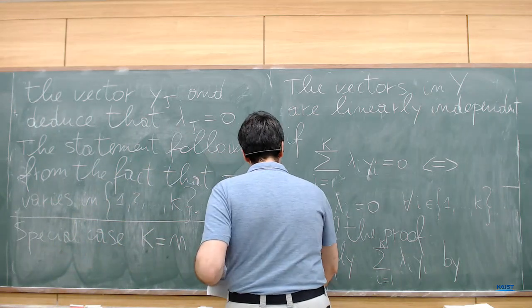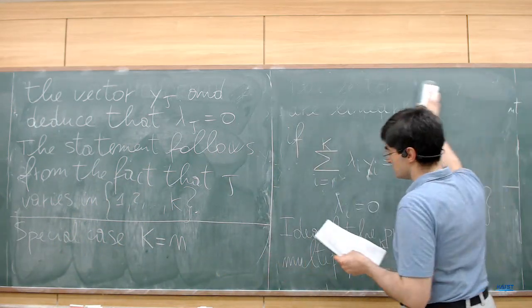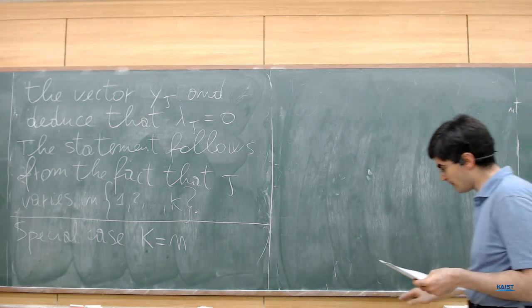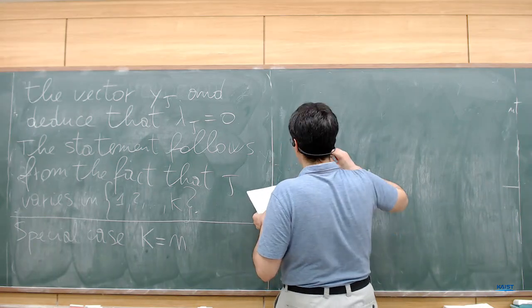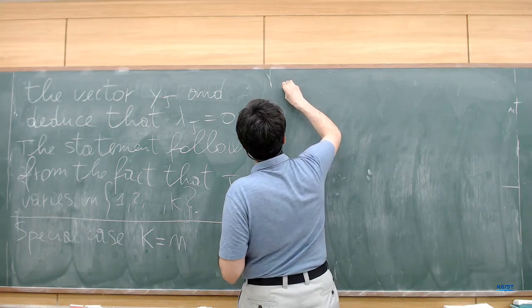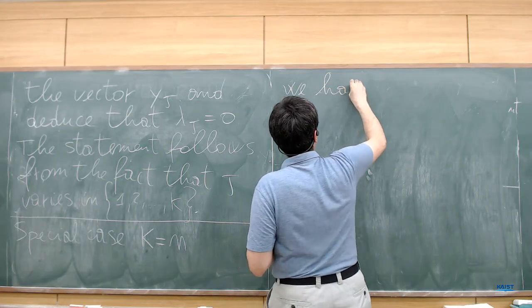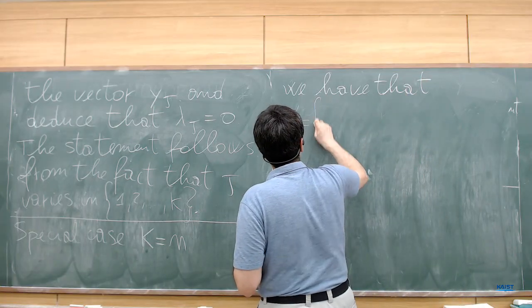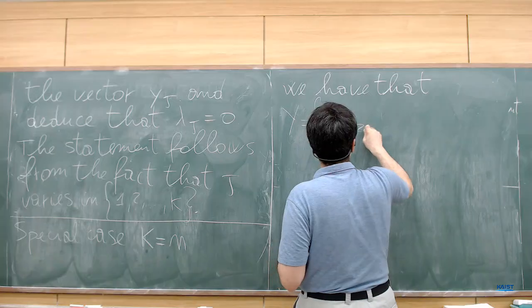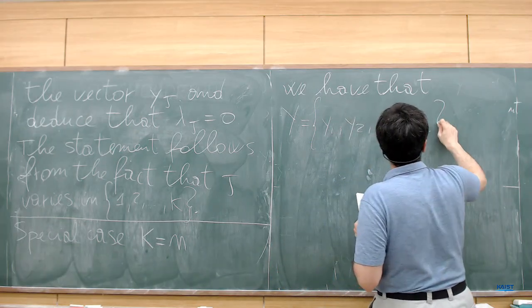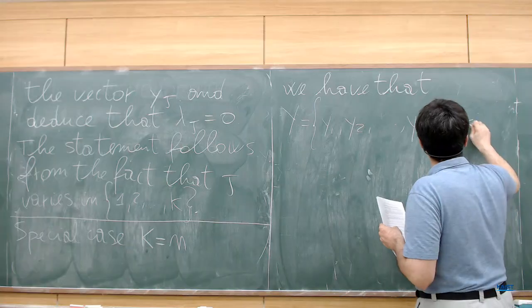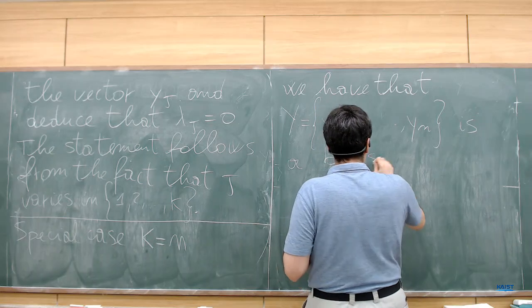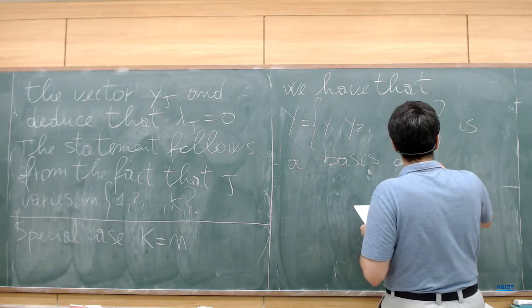In this case, we say that the set Y, which consists of y1, y2, ..., yn, is a basis of Rn.